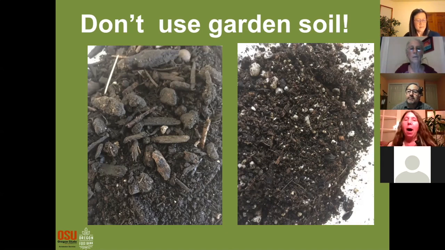It does have some potting mix in it. It has vermiculite or perlite in it, those balls of white stuff in there. That's basically how I mix those things together and make a potting soil.